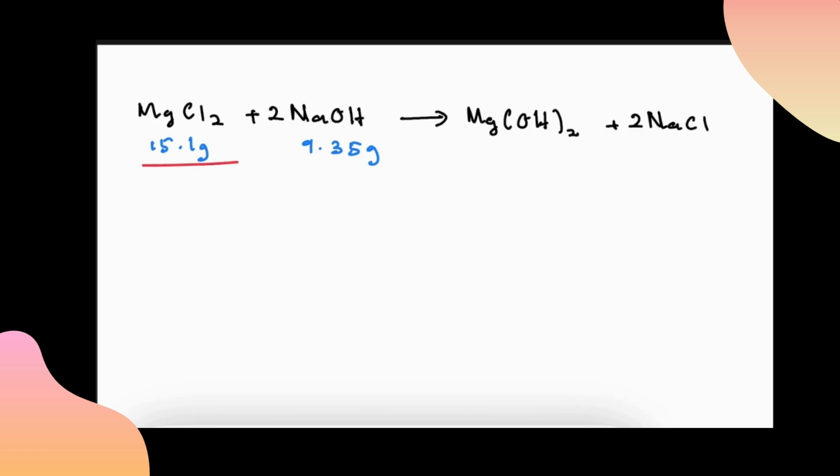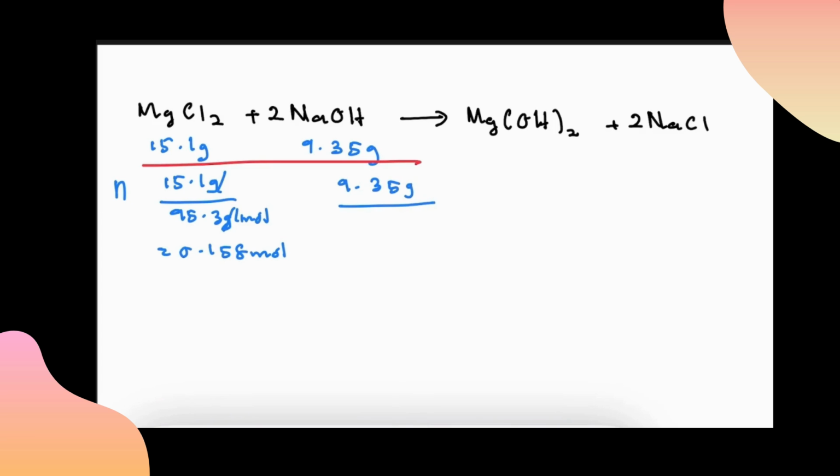In this case, because we have both, we need to calculate the number of mole because we can only compare mole. 15.1 gram over 95.3 gram per mole is 0.158 mole, and this is 9.35 gram over 40, which is 0.2338 mole. These two numbers of mole are considered as mole available.